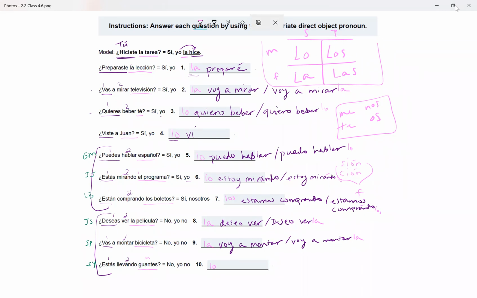Sorry, that's not the verb, Sam. That is what you're replacing, but it's also plural. So it's los. Yes, it is. Okay, los, and then you're changing estás to estoy for yo, and then llevando.